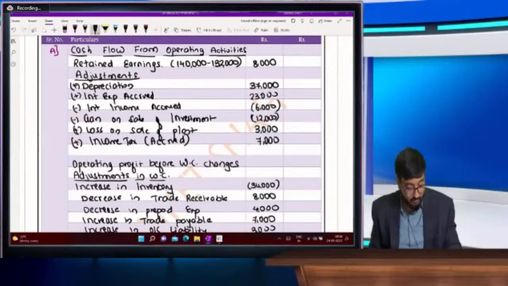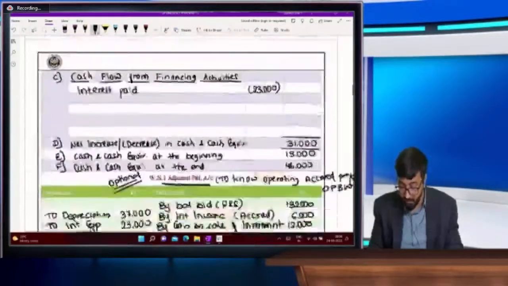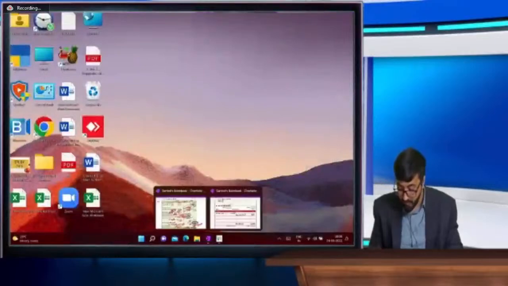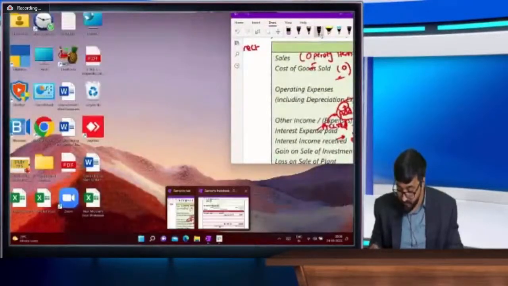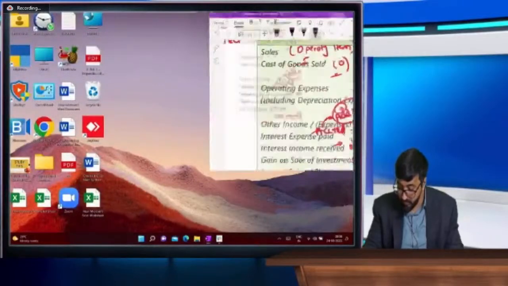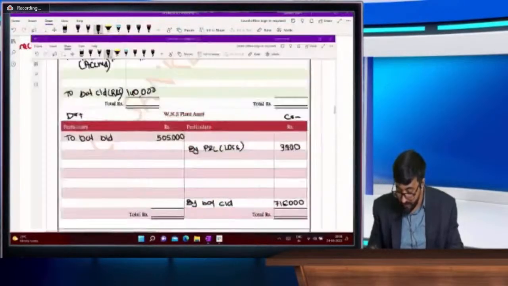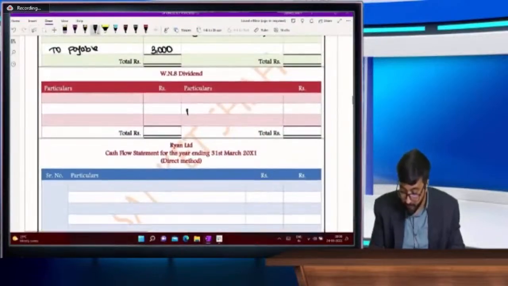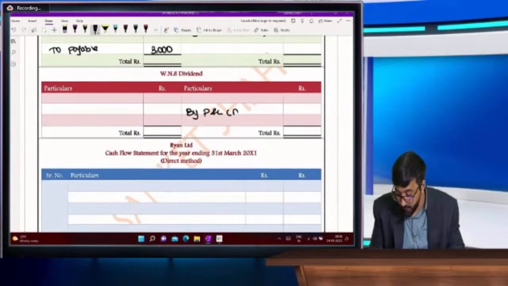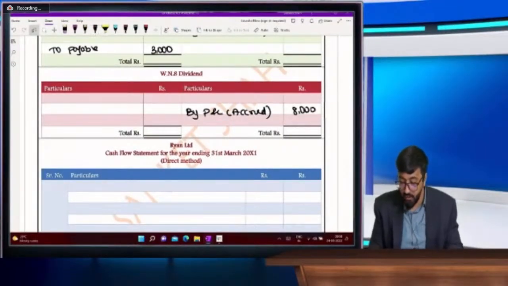Second one. Now dividend. Last will be dividend. So dividend by P&L. This is accrued, which is getting from the P&L only.